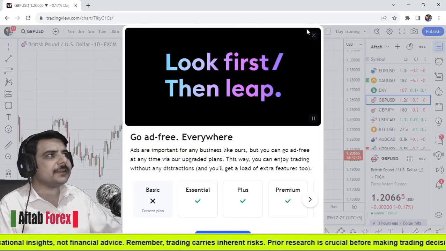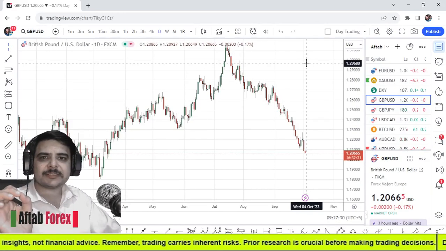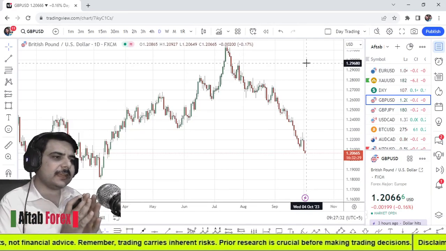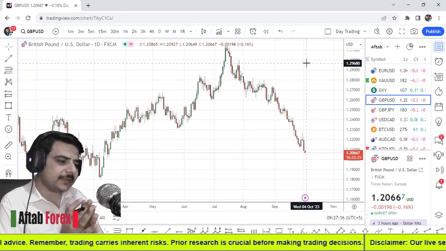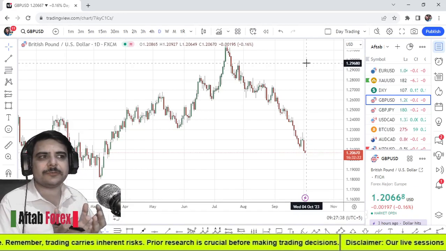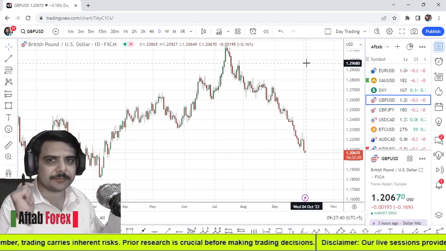So I should say support and resistance levels are like 80% of your strategy. Any strategy you pick consists of these support and resistance levels.